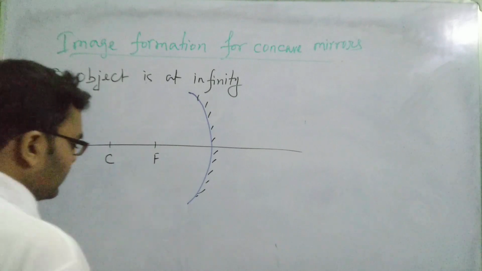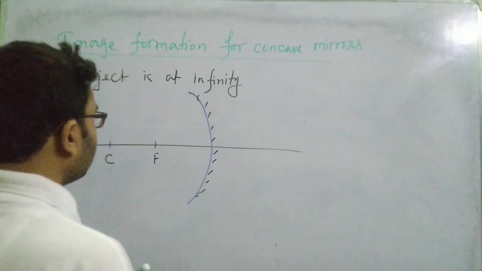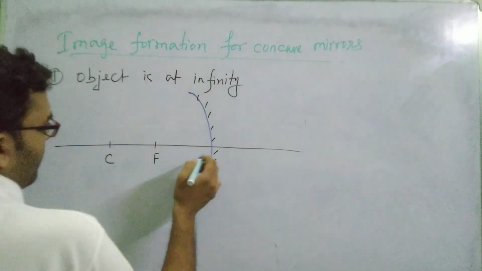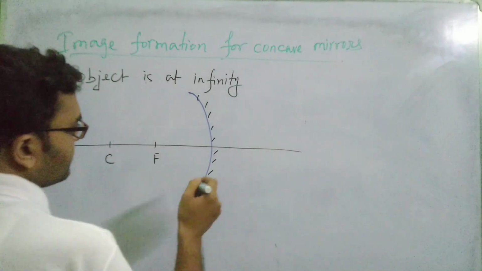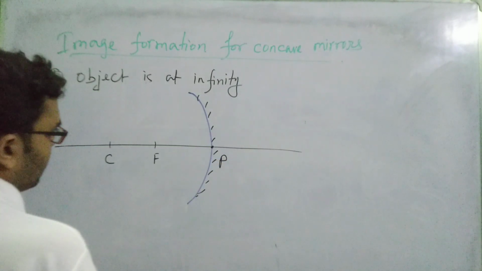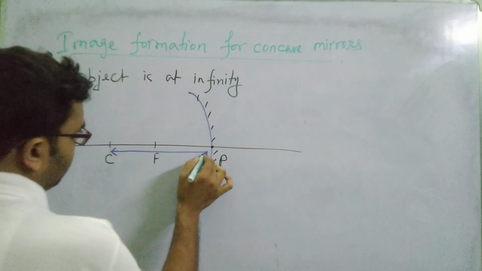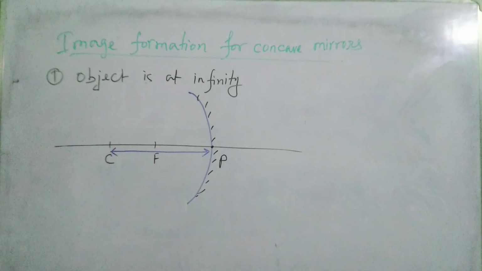Now as you have set your compass at 6 centimeter, this is the C, this is the F, and this is the pole of the mirror P. According to the diagram we are drawing, this distance from C to P becomes your 6 centimeter distance.